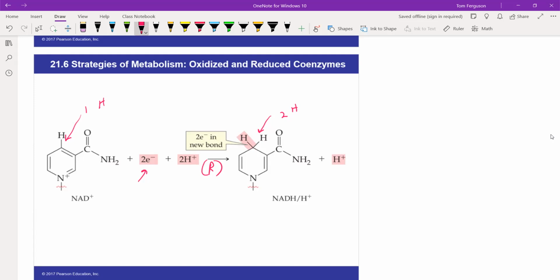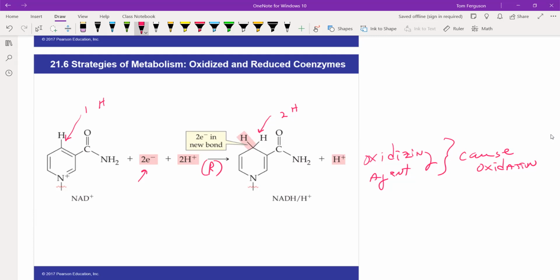So this is an oxidizing agent, which means it causes oxidation because it's being reduced. So something needs to give, the one on the left here, the NAD plus, needs to give it electrons.